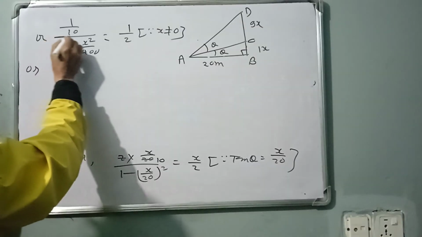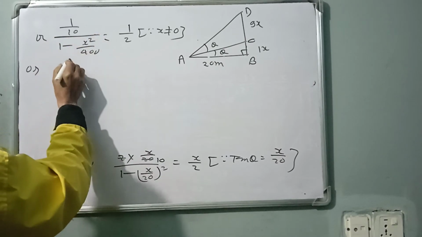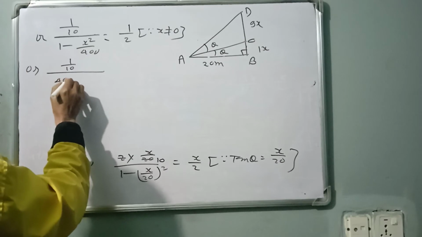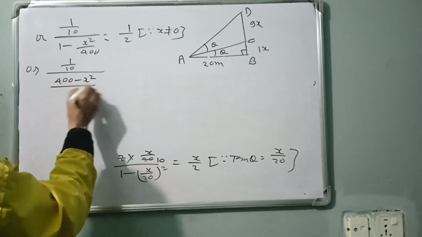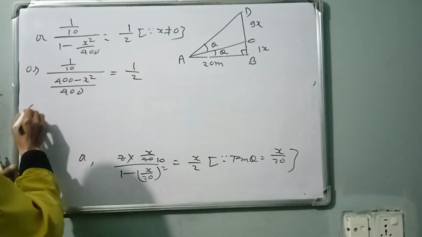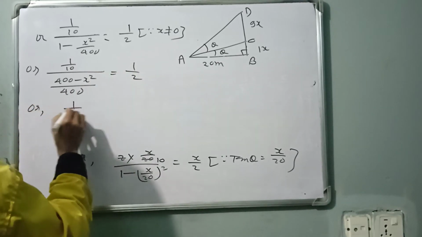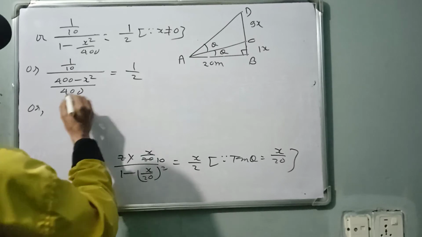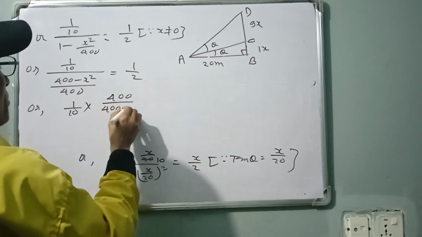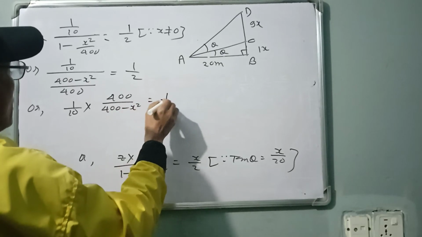This is the numerator, this is the denominator. 1 by 10, take LCM: 400 minus x square by 400, equal 1 by 2. Or 1 by 10 into reciprocal: 400 by 400 minus x square equal 1 by 2.